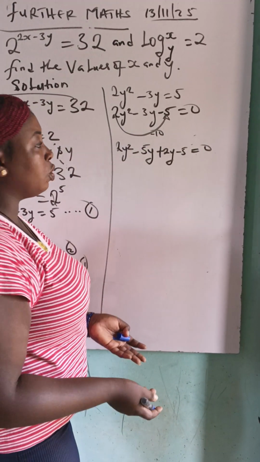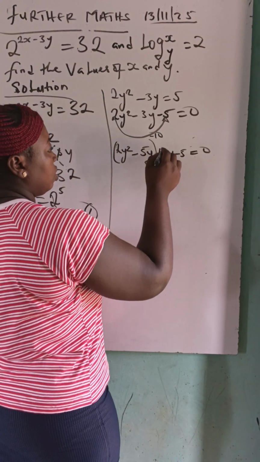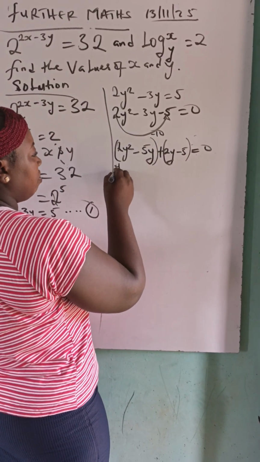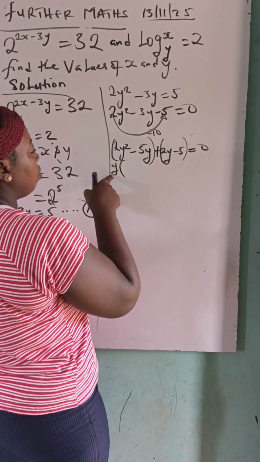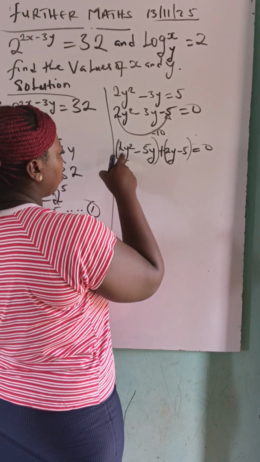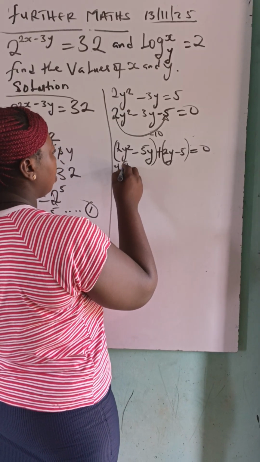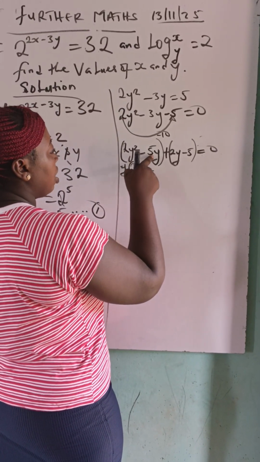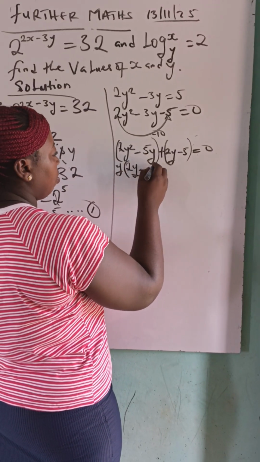Now I group them. Let's look for common factors. Here, only y can come out. Y divided into 2y squared leaves 2y, and y into minus 5y leaves minus 5.